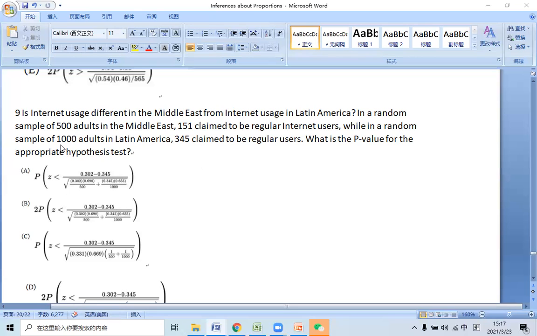And then you have a sample of 1,000 from Latin America, 345 claim to be regular users. What is the p-value for the appropriate hypothesis test?